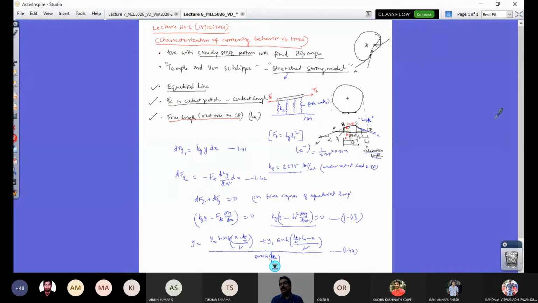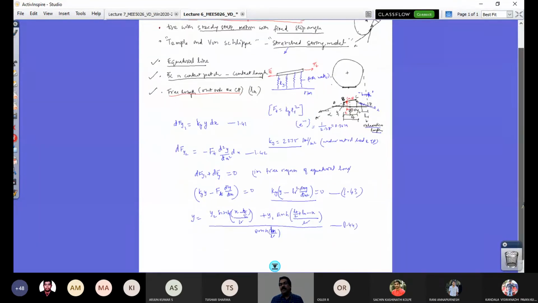It's easy to remember this equation because you can see that if x, so x is what in the contact patch, if x is equal to LT by 2 and I substitute here, I get x minus x, LT by 2 minus LT by 2. This term goes to 0, so I get y1, which is the point B from my wheel plane.